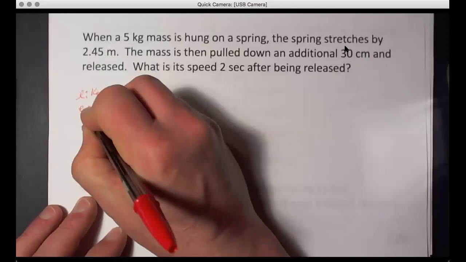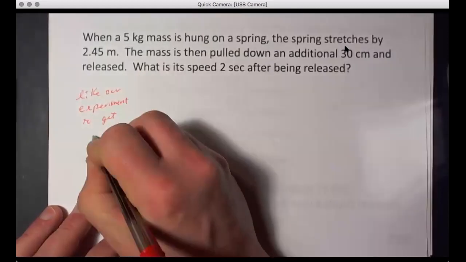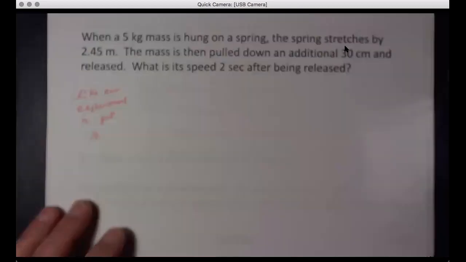To get K, but here we want speed, so we want V. K was equal to, if you remember, mg over x naught, where x naught is the 2.45 meters.